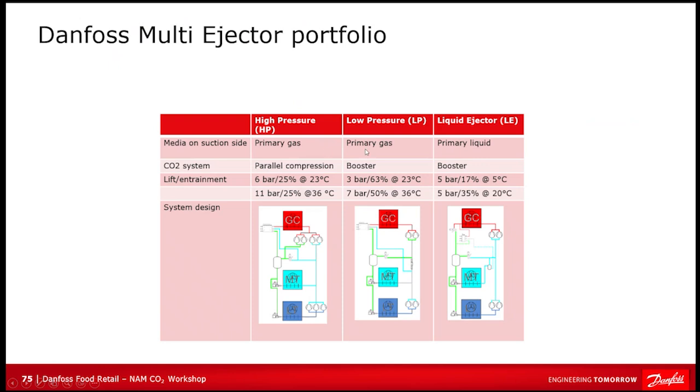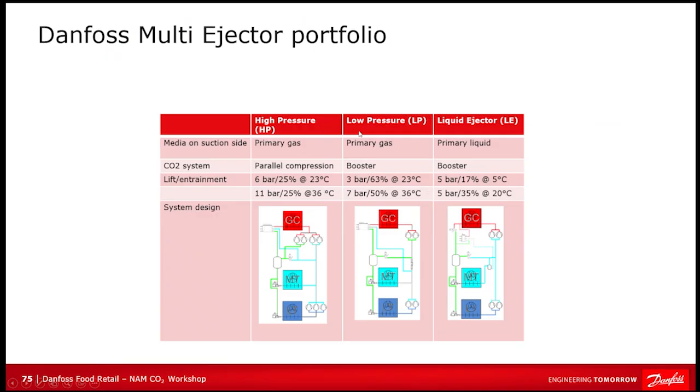We have a low pressure ejector that's also focused on just gas, and then a liquid ejector that can also do liquid. There are some differences in each one of these in what we call a lift or entrainment ratio, which is essentially the ability of that gas cooler pressure to lift up flow from the suction side. And so that differentiates some of these options as well.